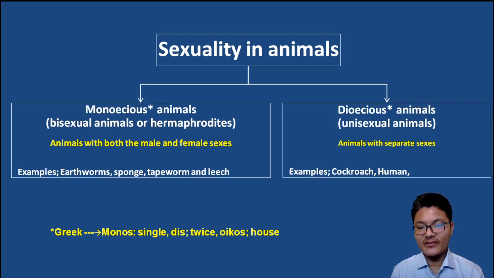For example, we have cockroach and human. In the case of cockroaches, we have male cockroach and female cockroach. In the case of us humans, we have male and female. We do have some bisexual cases, but here we are generalizing a concept.